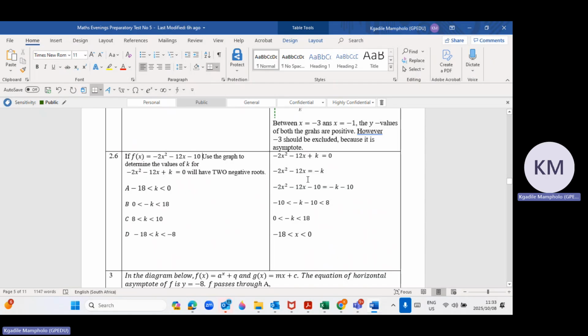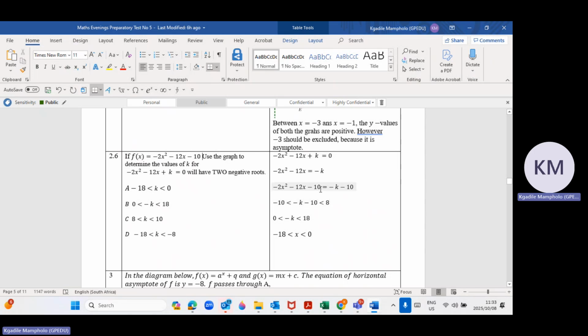It means we miss minus 10. For us to use the graph, we must have minus 10 here. But remember, there's nothing wrong when you do that as long as what you do on the left, you do on the right. You put minus 10 this side and this side. It's like we did nothing, because if you put minus 10 to the left, 10 minus 10 would be 0. So we put minus 10 so that we have the equation of the graph.